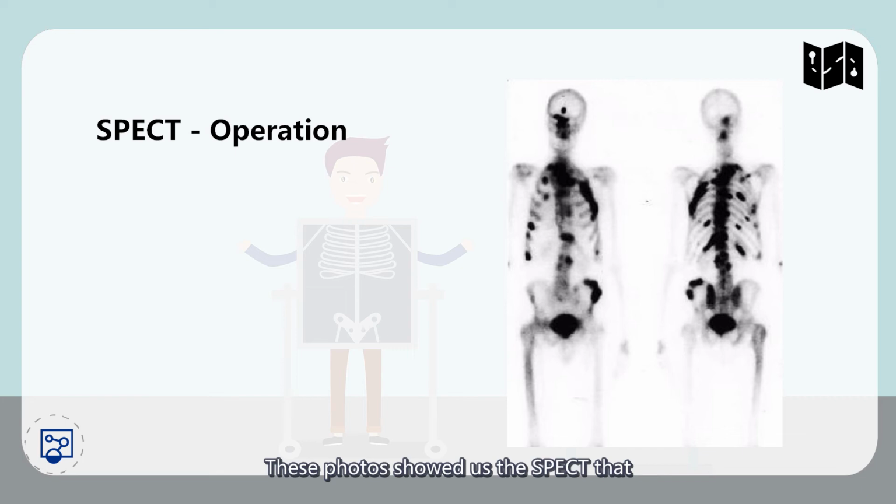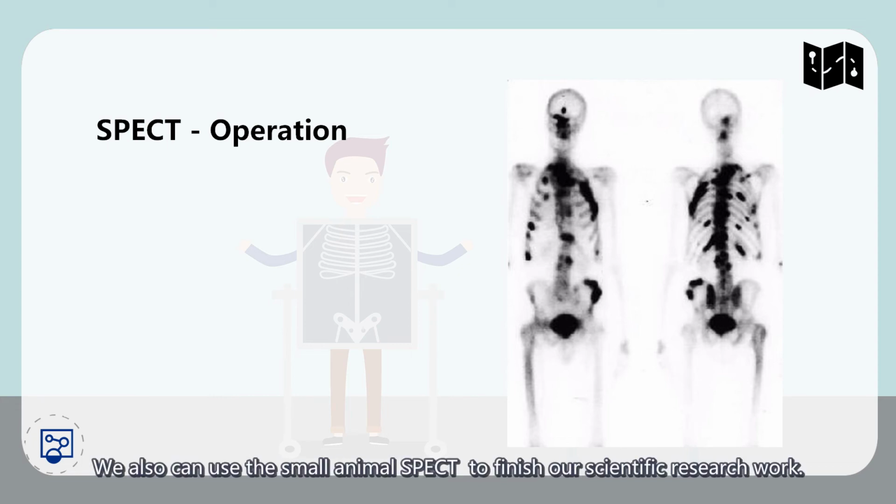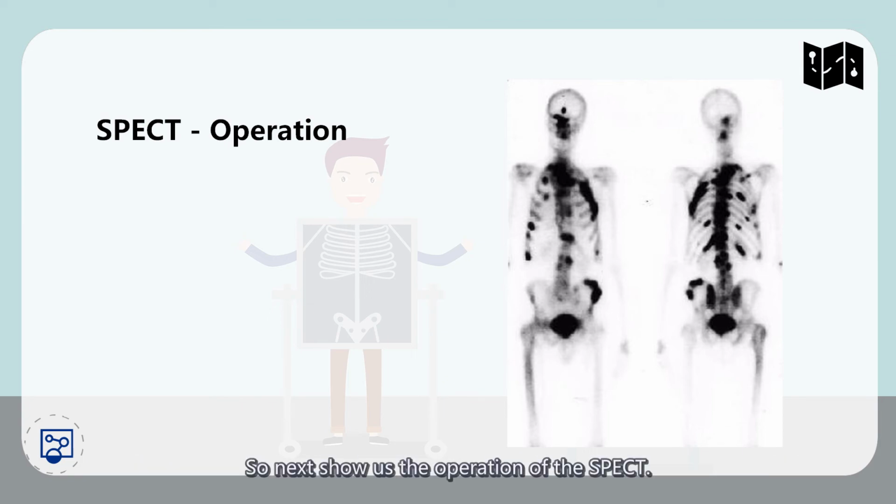These photos show us the SPECT that we commonly use in the clinic. We also can use the small animal SPECT to finish our scientific research work. So next we see the operation of SPECT. Just as seen in this photo, a bone SPECT scan is used to find bone problems, such as cancer, infection or fractures, to check joint replacement and to find joint problems.